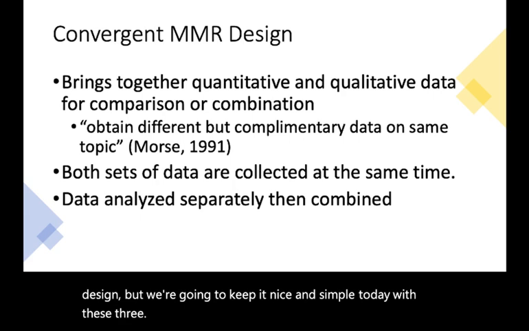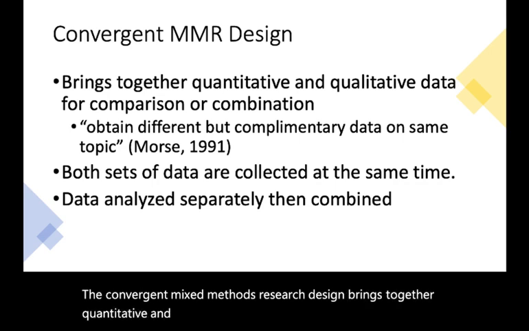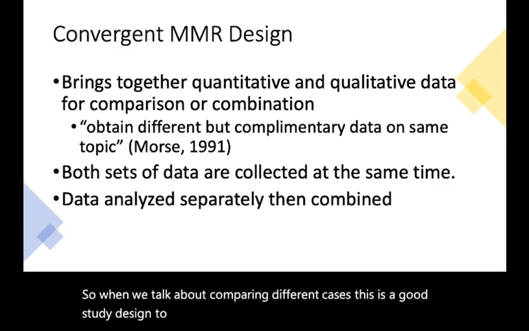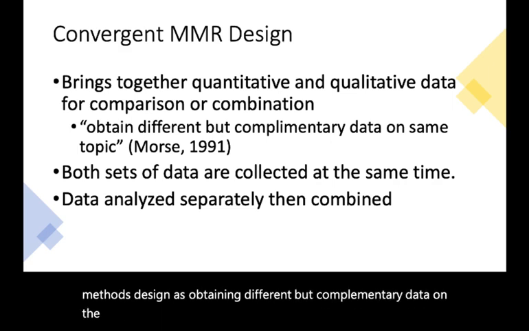The convergent mixed methods research design brings together quantitative and qualitative data for comparison or combination. So when we talk about comparing different cases, this is a good study design to use. Morse describes the convergent mixed methods design as obtaining different but complementary data on the same topic.